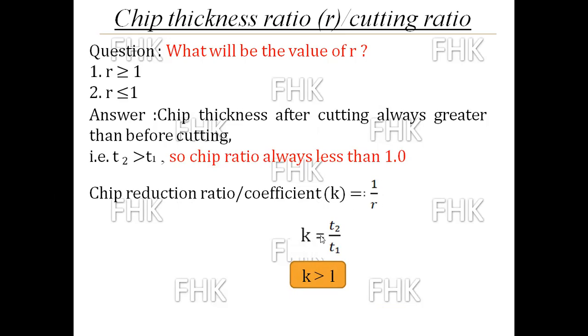So k is equal to T2 divided by T1. So when T2 is greater than T1, the value of the reciprocal k is always greater than 1. So the chip thickness ratio is always less than 1, whereas chip reduction ratio is always greater than 1.